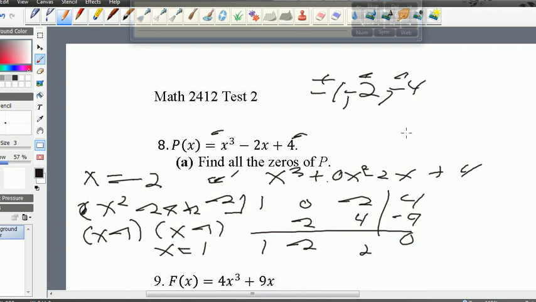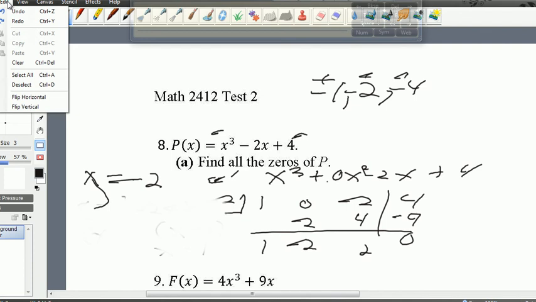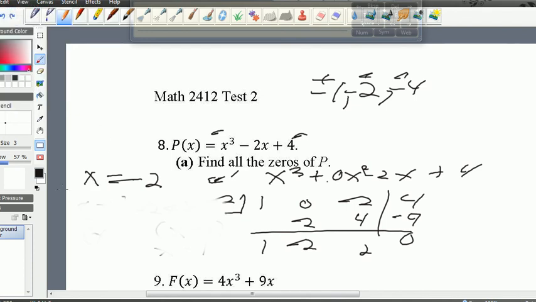Okay, let's clean this up a little bit. I know you can't see that. If I go back here, we got x equals minus 2. I'm left with x squared minus 2x plus 2.